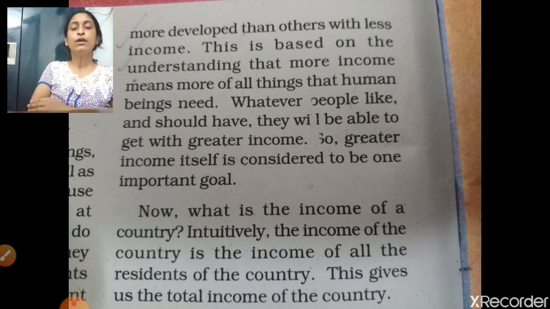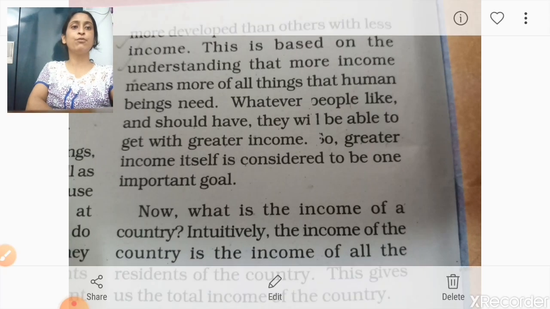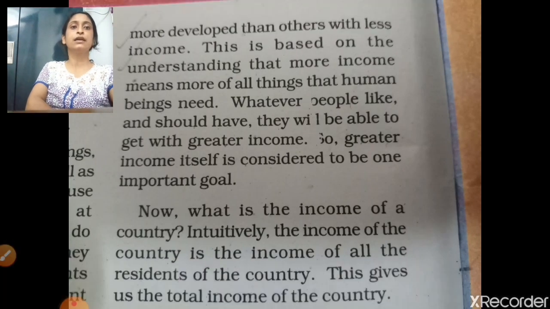It is income. Why do we think it's income? Because the higher the income, the more of everything we get. Definitely all our developmental hopes, aspirations and needs get fulfilled. And what is national income? It is the income of all the residents of the country.